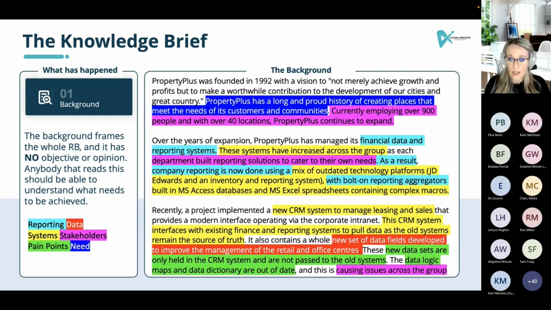So for instance, if I was to read the purple area, currently employing over 900 people with over 40 locations, Property Plus continues to expand. The departments have built reporting solutions to cater for their own needs, causing issues across the group. Now, how cool is that?